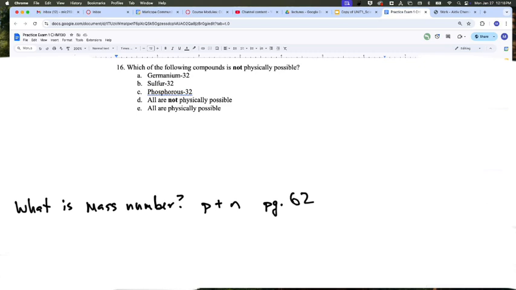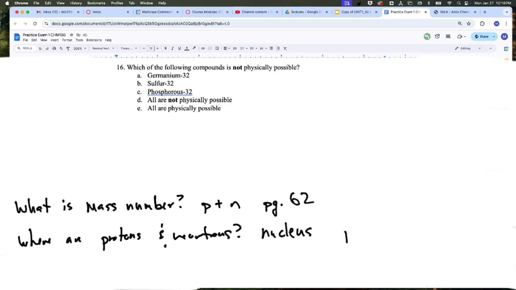They might have also said, where are protons and neutrons? They are in the nucleus. Page probably earlier. Let's go with 53.